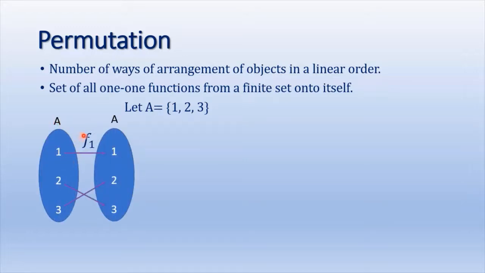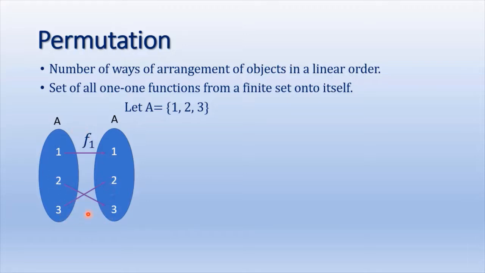So f1 is a function from the set A onto set A. You may compare this with the rigid motion F1 of a triangle where we kept the vertex 1 fixed. That is, 1 is mapped onto 1, 2 is mapped to 3 and 3 is mapped to 2.